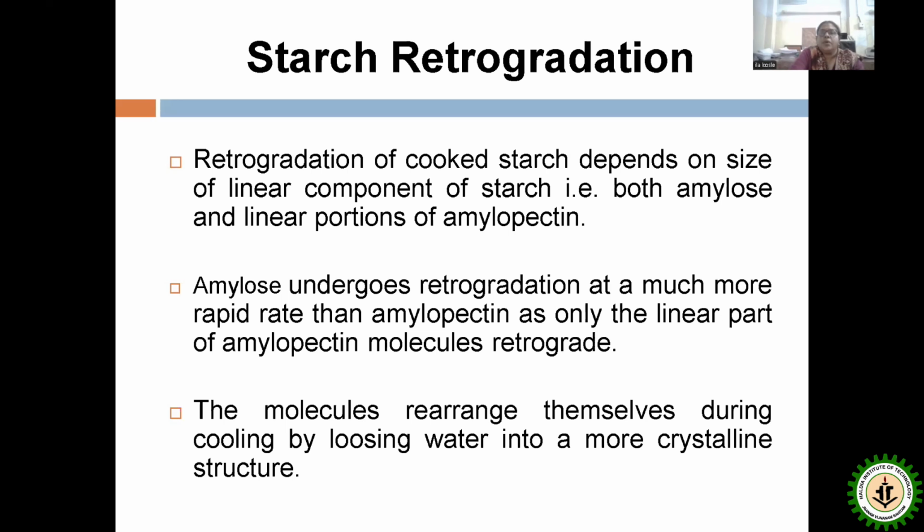On the other hand, only the linear part of amylopectin molecules retrograde. The molecules rearrange themselves during this cooling process by losing water into a more crystalline nature. So retrogradation is basically the formation of crystals.